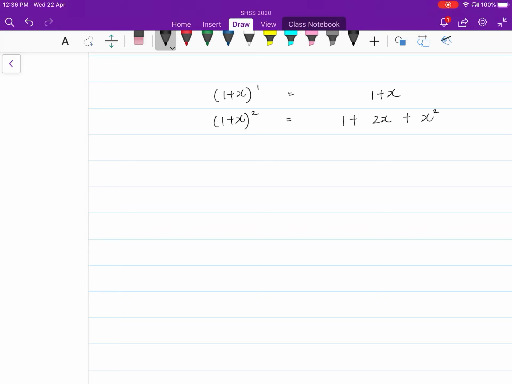Now, in secondary 3, we are going to learn how to expand (1 + x) to the power of 3, (1 + x) to the power of 4, (1 + x) to the power of 5, and so on and so forth. And this is what we call the start of binomial theorem.